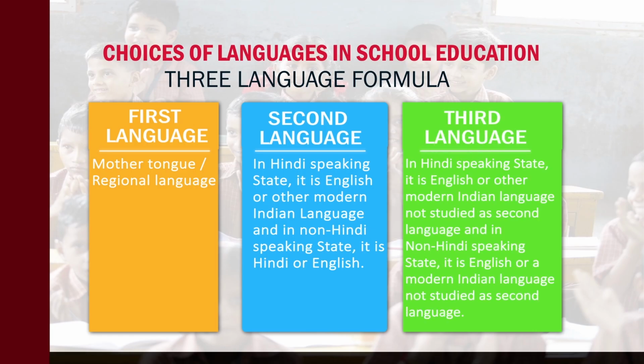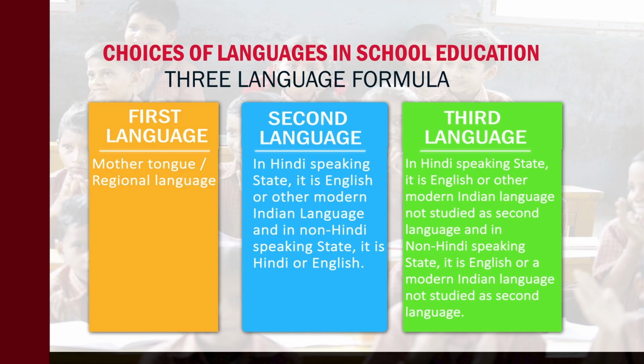See, in school education, the first language is the mother tongue or the regional language, and the second language in Hindi speaking states is English or another modern Indian language, and in non-Hindi speaking states it is Hindi or English. You will find that English is studied as a second language in many states, and English is also studied as a third language in many states.